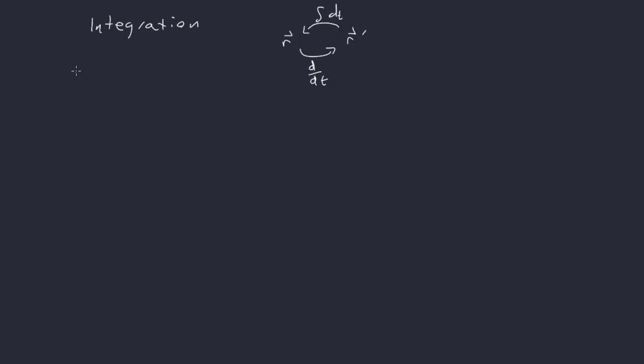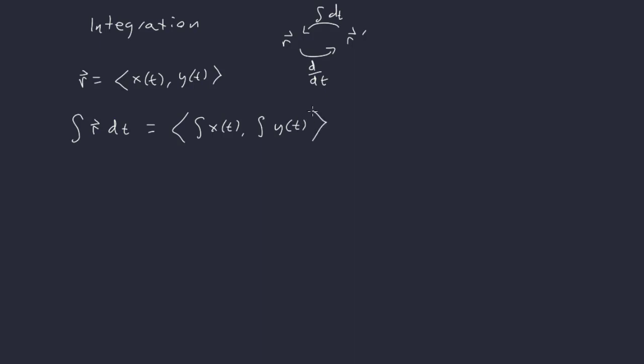So if we want to integrate r, and let's say it's just x of t comma y of t, well, if all we want to do is integrate, we just integrate term by term, component by component. So it works the same way. You just do it in each particular piece.